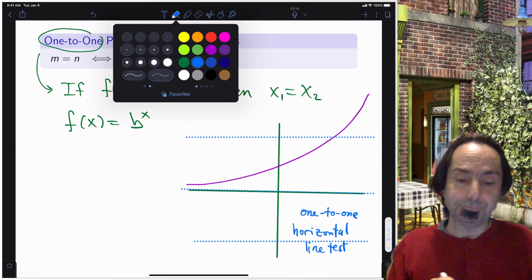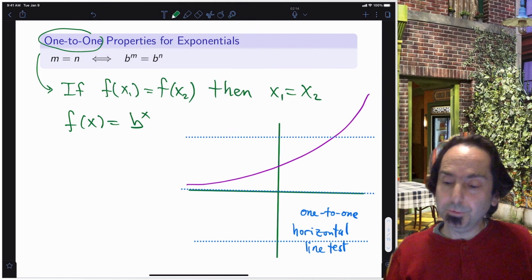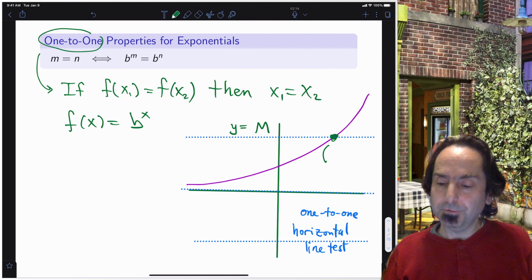I want to label that for something that we're going to do later. Let's put a big green dot here, and let's call this the y value big M, and here's a point on the function, and the y value is big M. That must mean that there's some x value, let's call it little m.